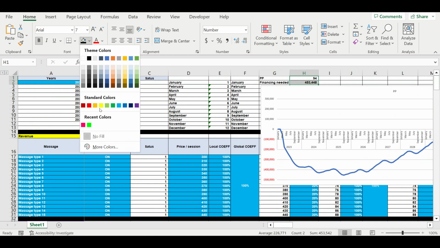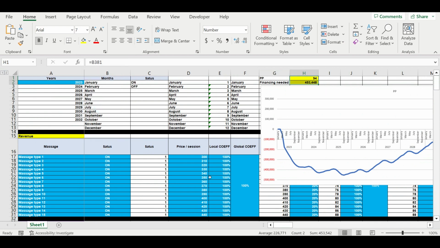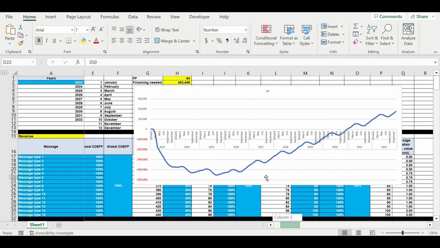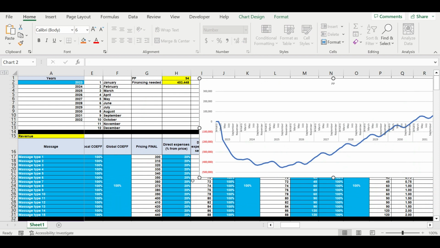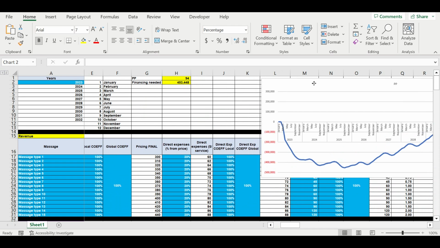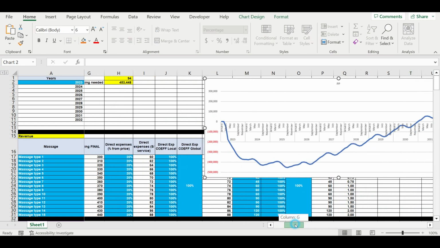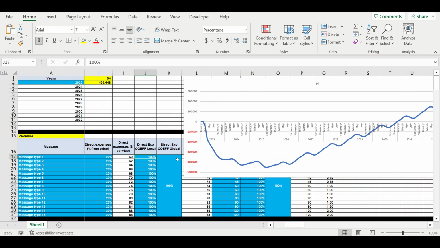And usually different entrepreneurs, when they start playing with all these inputs, get their project better. For example, if the level of direct expenses is higher, we can increase the direct expenses by 40%. What will happen?